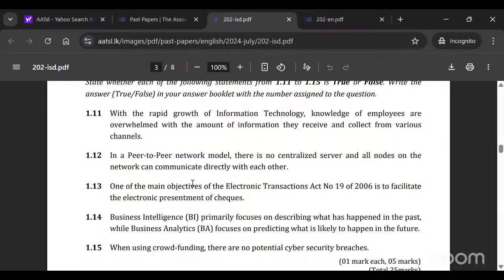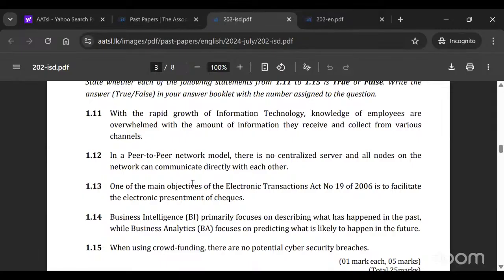One of the main objectives of the Electronic Transaction Act No. 19 of 2006 is to facilitate the electronic presentment of checks. That means check clearance, right? One of the main objectives of the electronic transaction act?